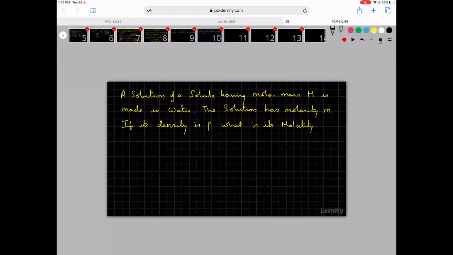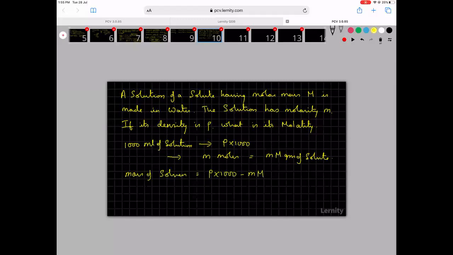Okay, so 1000 ml of solution has a mass density into 1000. Now it also contains small m moles, or small m into capital M grams of solute. So mass of solvent is equal to density into 1000 minus mass of solute.